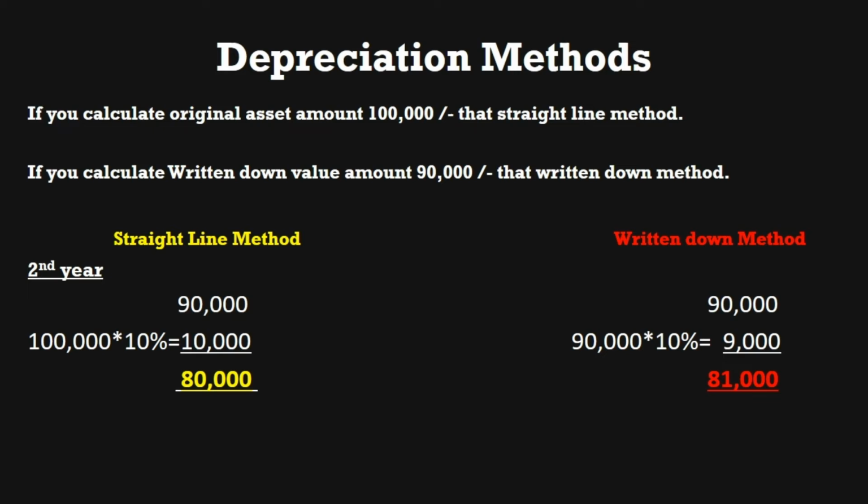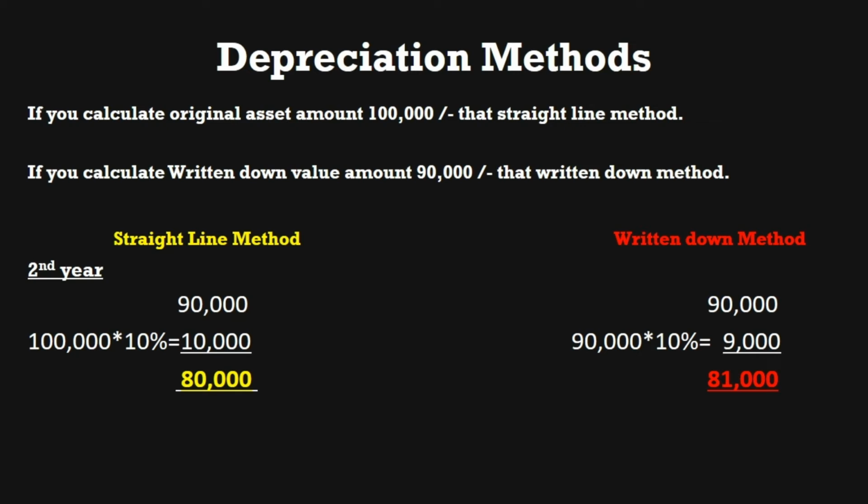Straight line method, the second year: how are we going to calculate it? See, last year's balance is 90,000, after deducting the depreciation.